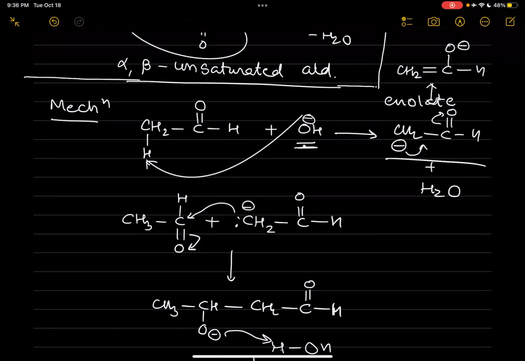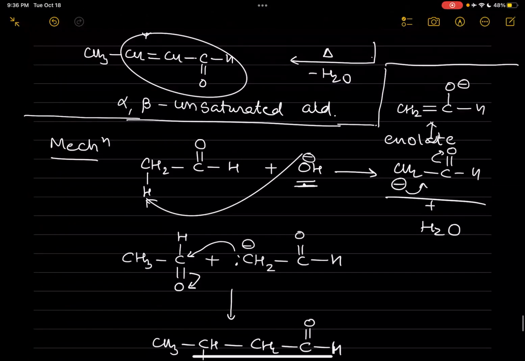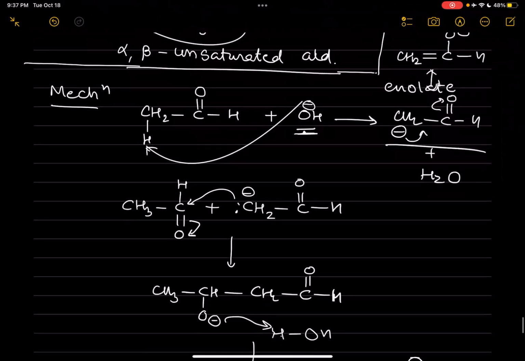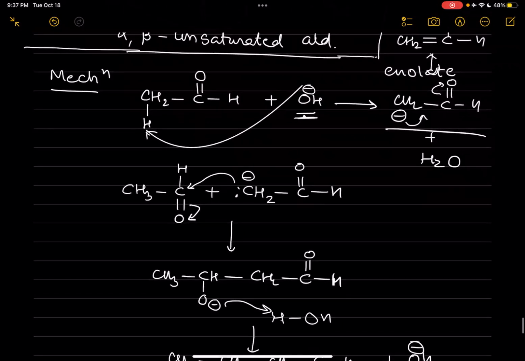This minus, resonance, is called this, and that C minus is actually going to come and attack the other molecule of the same type. And the two molecules are going to join together.